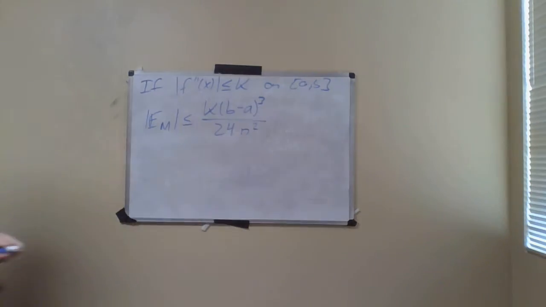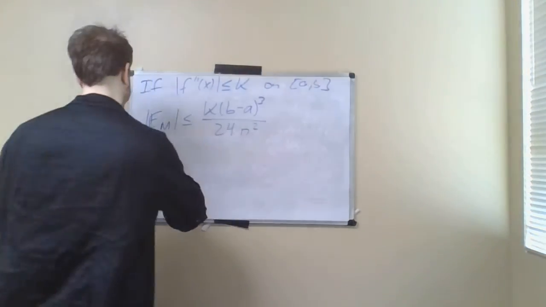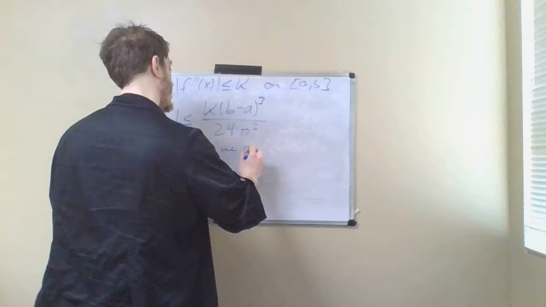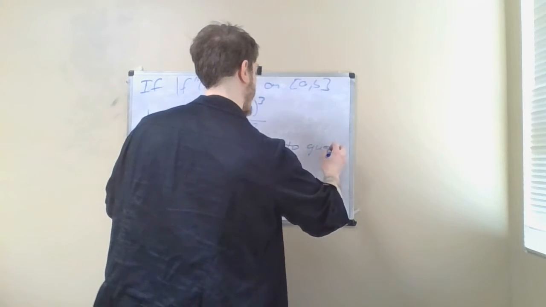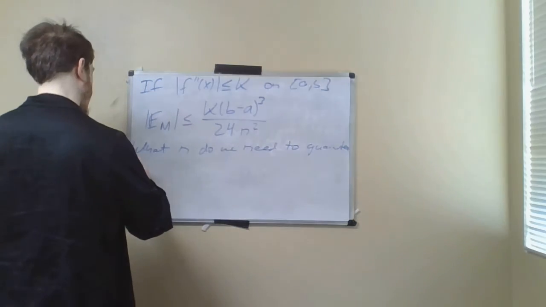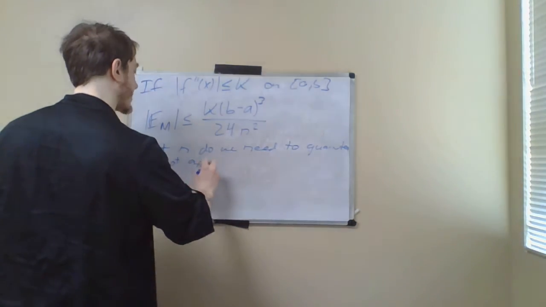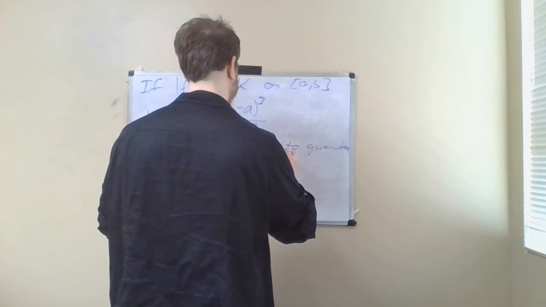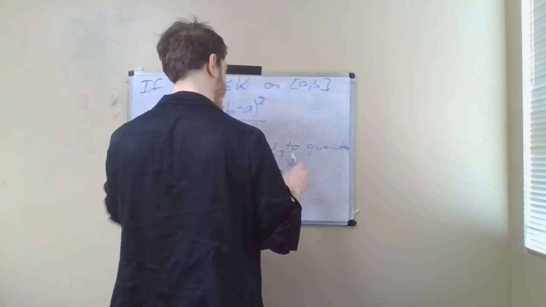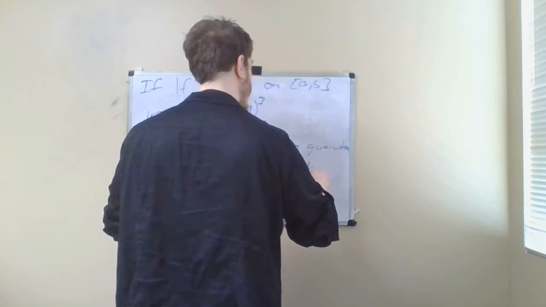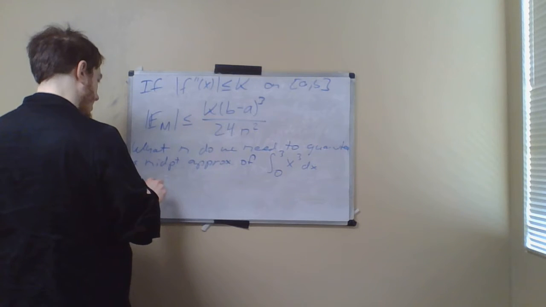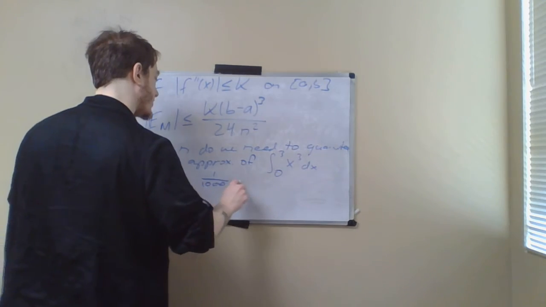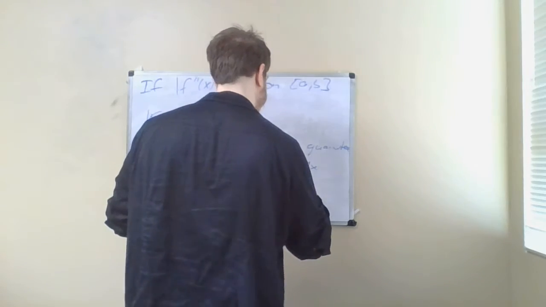To give you a quick example, suppose that we want to know what n we need to guarantee a midpoint approximation of the integral from 0 up to 3 of, let's say, x cubed dx is within 1 over 1,000 of the correct answer.